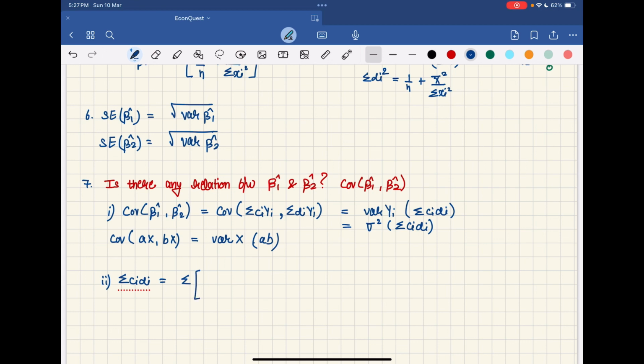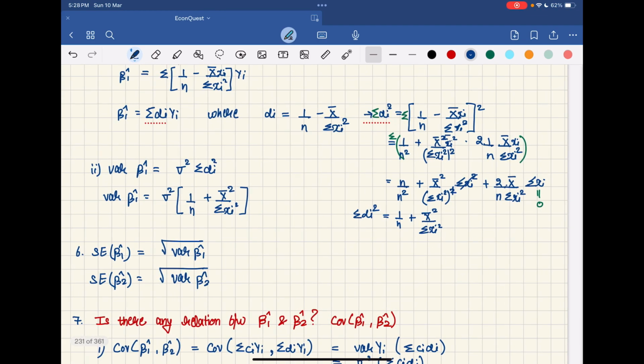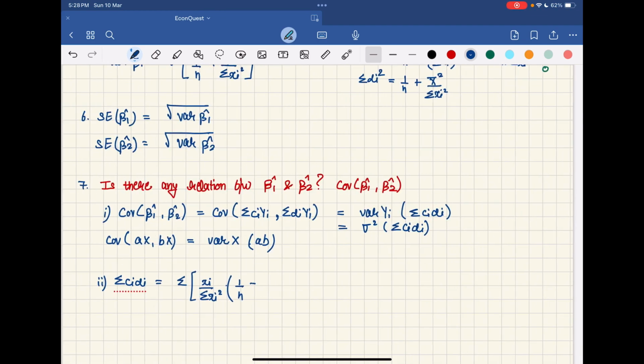So what is the value of ci and di? The value of ci was xi divided by summation xi square, right, times the value of di, which was 1 by n minus x bar xi divided by xi square.